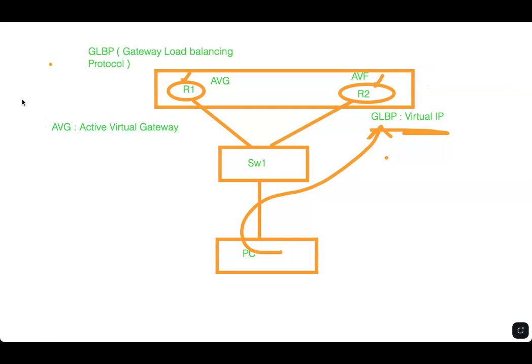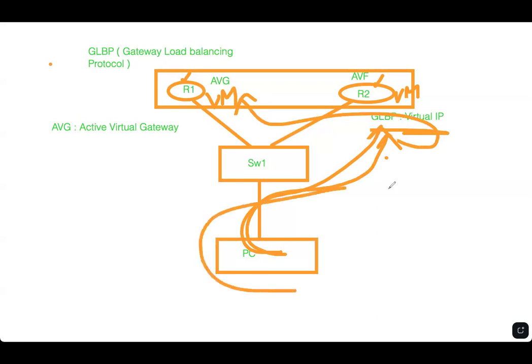So the AVG assigns a virtual MAC address to this router and also to this router. When the traffic is hitting the GLBP virtual IP, the ARP resolution will point to this virtual MAC address one time. And when the next packet comes into the group virtual IP, it will point to this virtual MAC the second time. So it's like sharing the load per packet between the AVG and AVF.